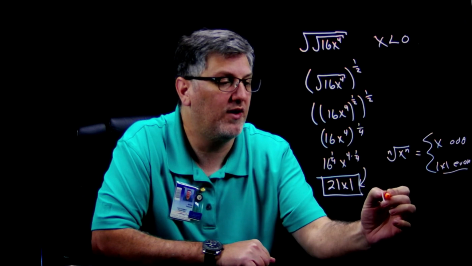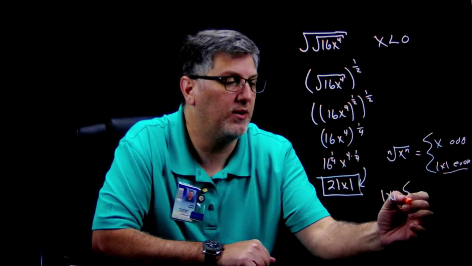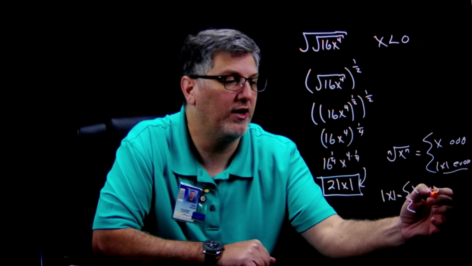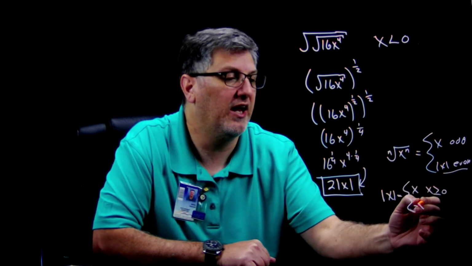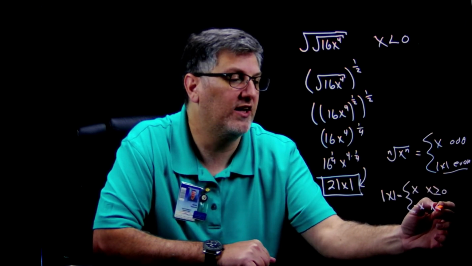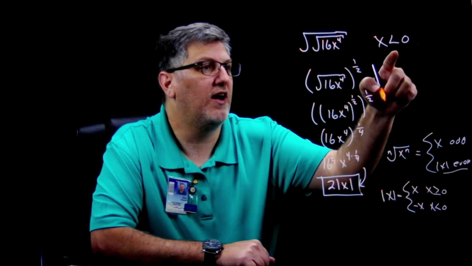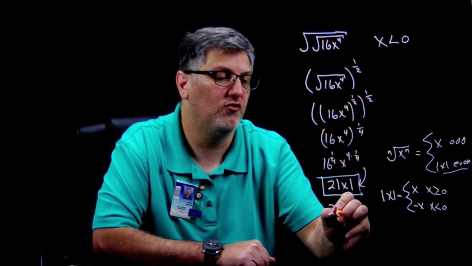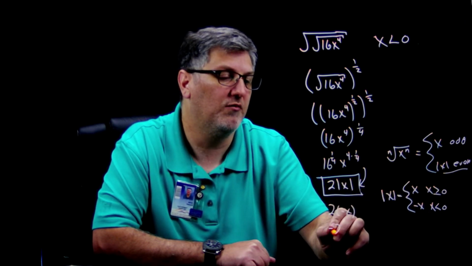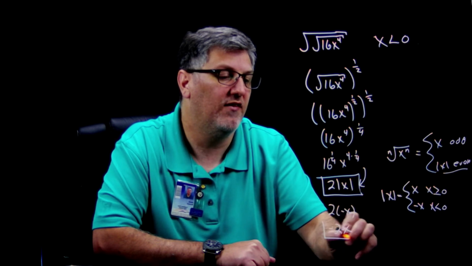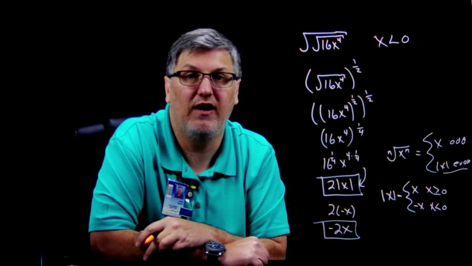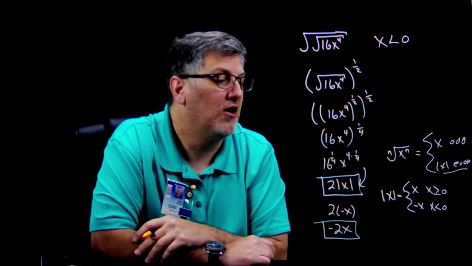The absolute value of x is another piecewise function: x if x is greater than or equal to 0, and negative x if x is less than 0. Here I have x less than 0, so I need a negative x. I change my absolute value to 2 times negative x, which gives me negative 2x. That would be the solution for all x that are less than 0.